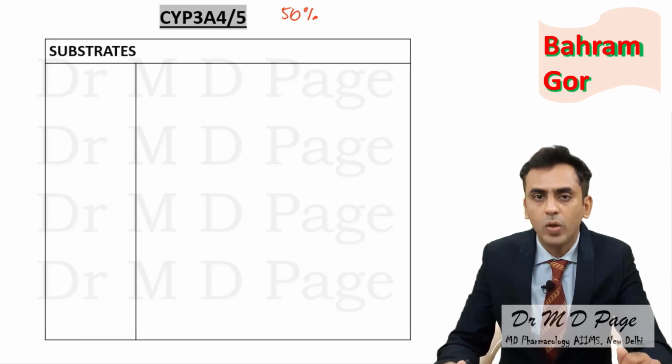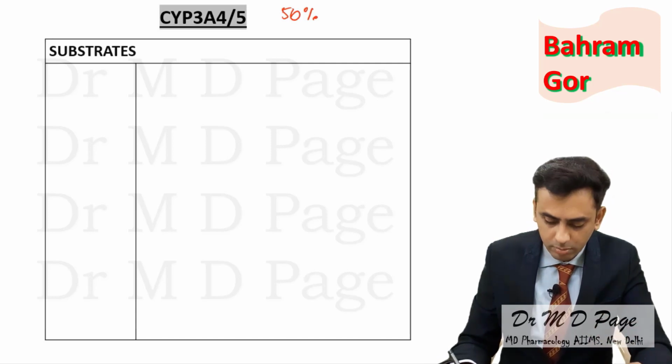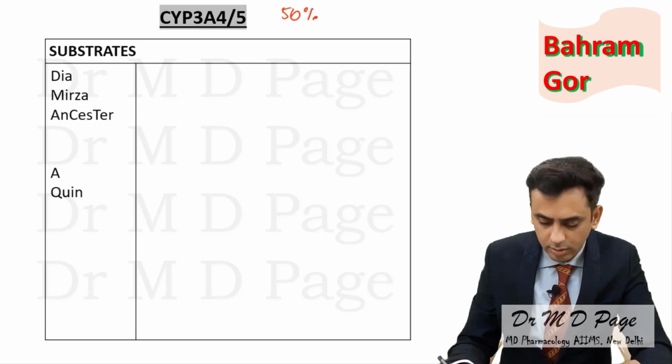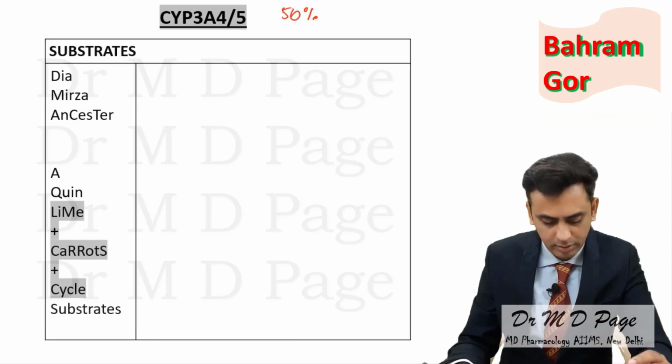So if you remember this short story, you will remember most of the substrates. Dia Mirza, ancestor, a queen was there. She used lime, carrot, cycle as substrates.